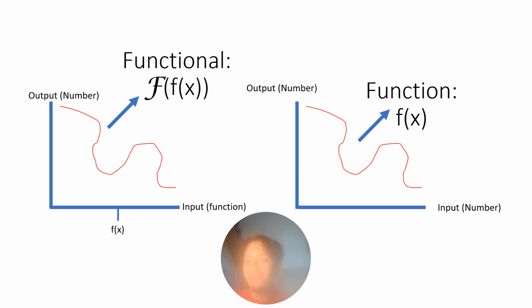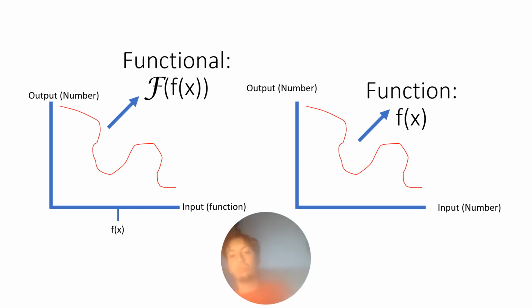And this is kind of hard to visualize, but I've done my best here, where in the left image, you can see I've got along the x-axis, each point along the x-axis represents a particular function, and then this red line you can get by essentially doing something to the entire function and outputting a number, and if you plot the function against the output you can get a curve.